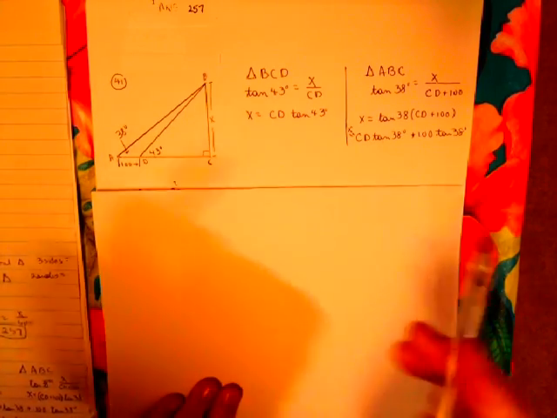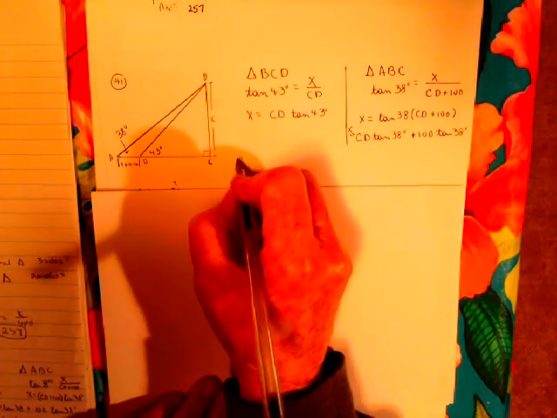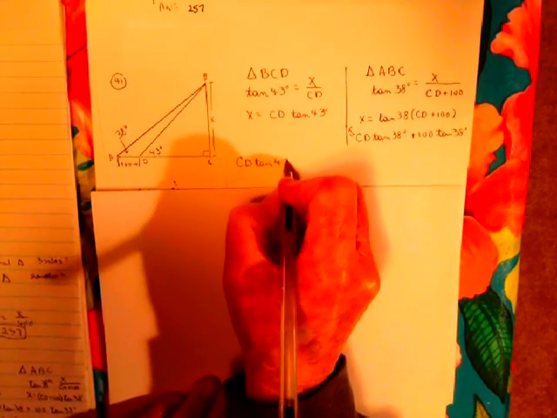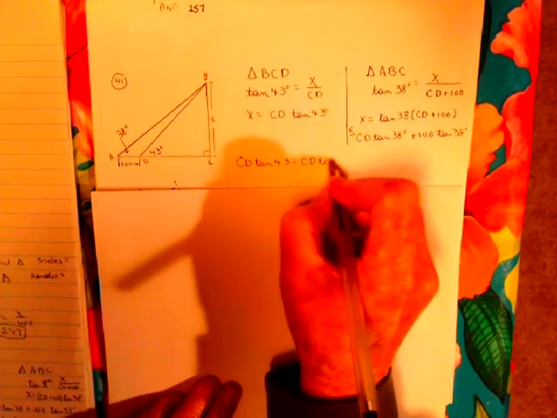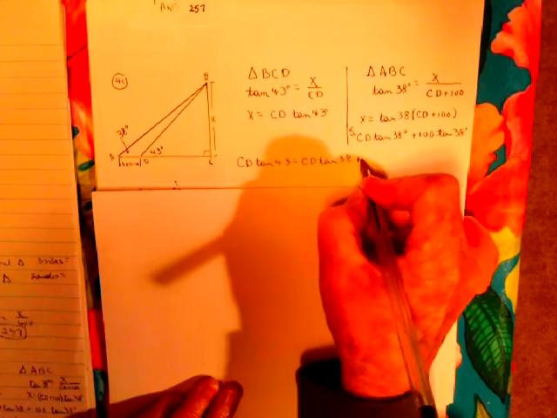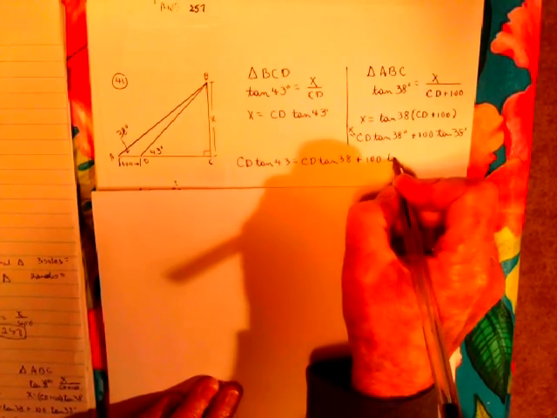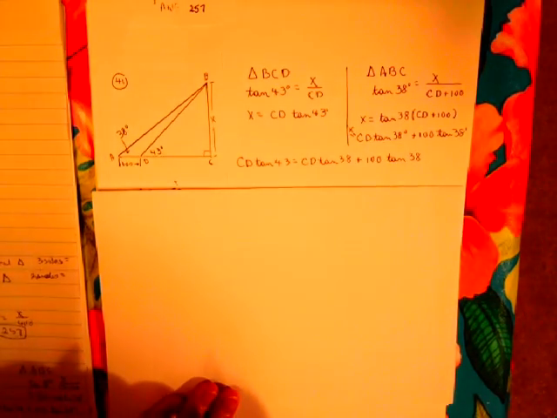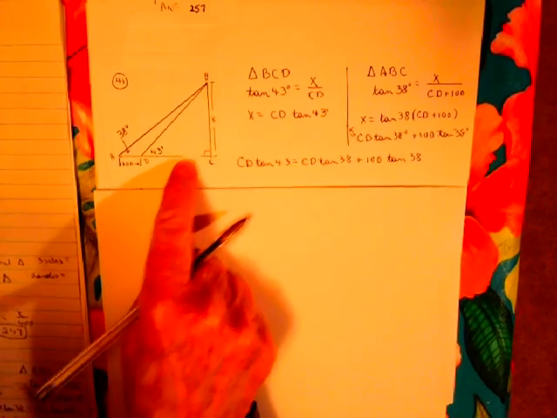Since that's the case, CD times the tangent of 43 has got to equal CD times the tangent of 38 plus 100 times the tangent of 38. My goal is to use this and try to find CD so I can try to solve this triangle BCD.